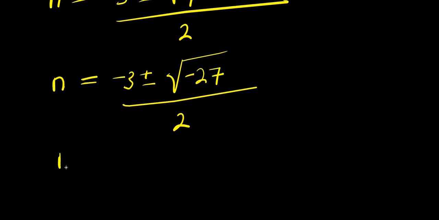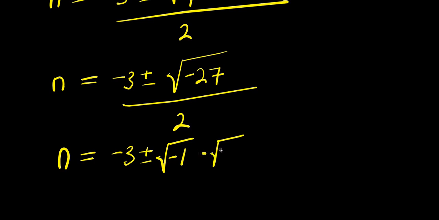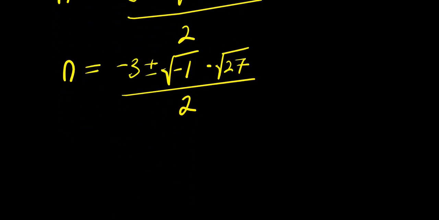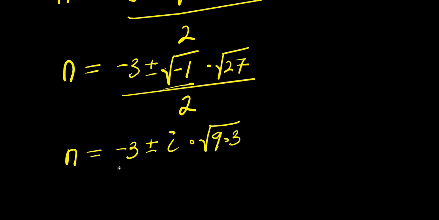From here, n equals negative 3 plus or minus, this minus here, square root of negative 1 times square root of 27, divided by 2. So from here, I have n equals negative 3 plus or minus the square root of negative 1, which here is i, times square root of 27, that's 9 times 3, divided by 2.